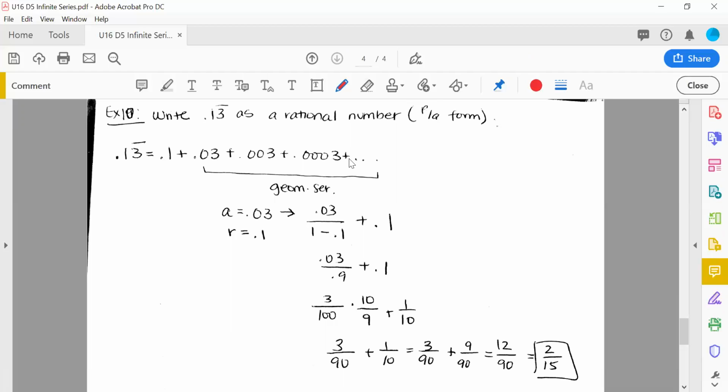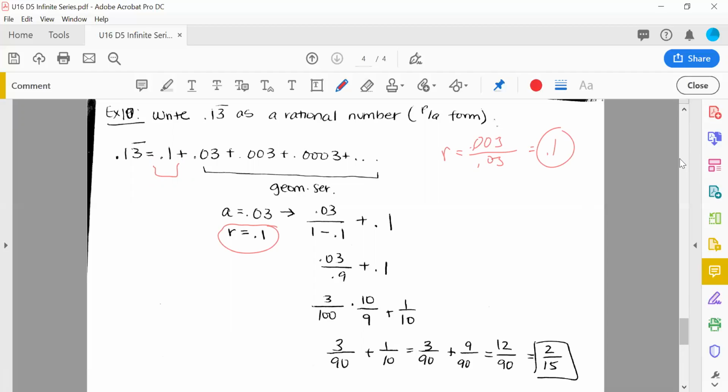So it's basically 0.1, this is on its own island, plus this infinite series right here, and r is going to be 0.003 divided by 0.03, which means r equals 0.1. And that's what's right here.